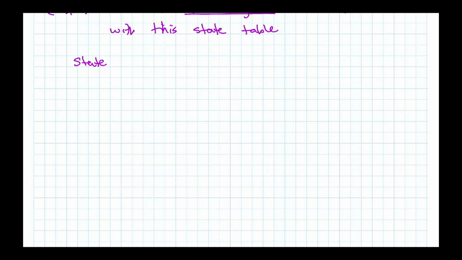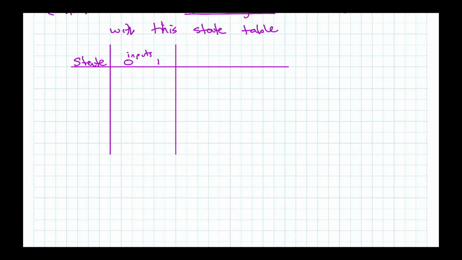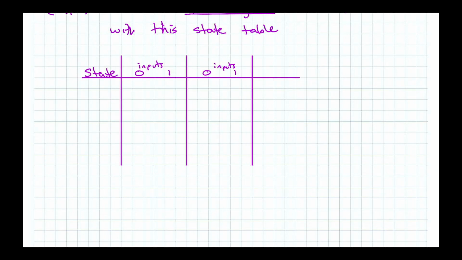They say state, because they all say state. And then your inputs are 0 and 1. That's typical on these, if they just have your inputs numbered like that. And 0 and 1 again. I think I didn't leave enough room, so let me move this down. What goes here is the function f, and this is the function g.